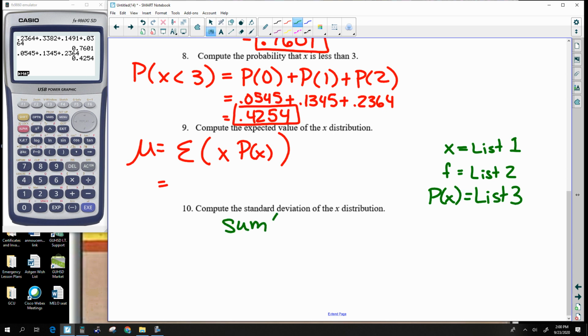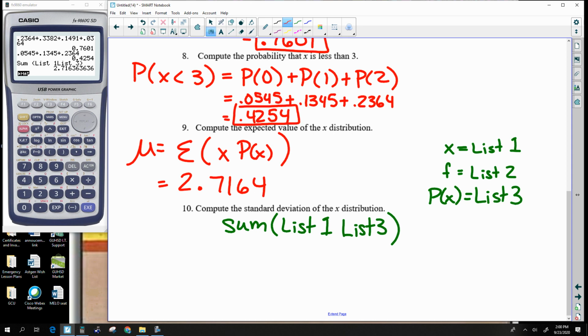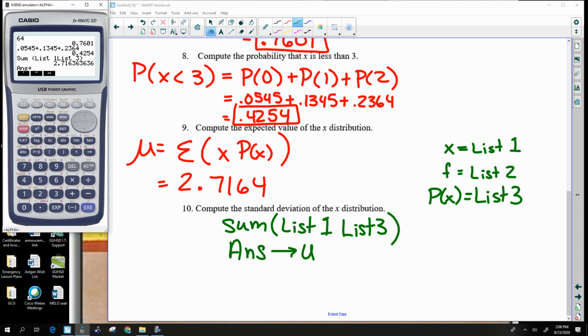That's the sum of x p of x. This is just a straight up answer. So I'm going to take that answer and store it as the letter U. So I take this answer and I store it as the letter U.